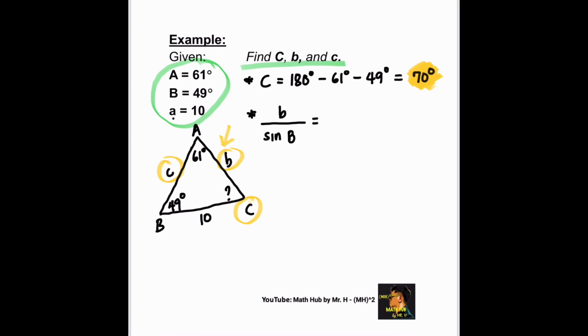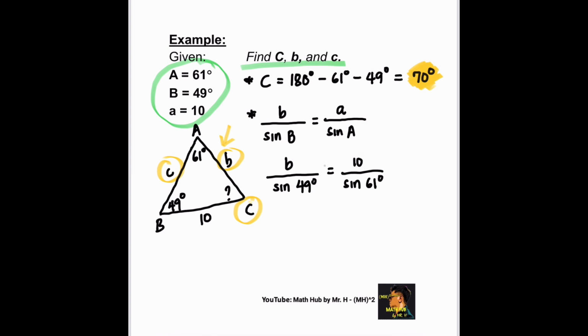We were given side a, which is 10, so we can use a divided by sine A. Then we simply plug in the information. b is missing, so that's what we're looking for, divided by sine B, where B is 49 degrees, equals a is 10 divided by sine A, where A is 61 degrees.